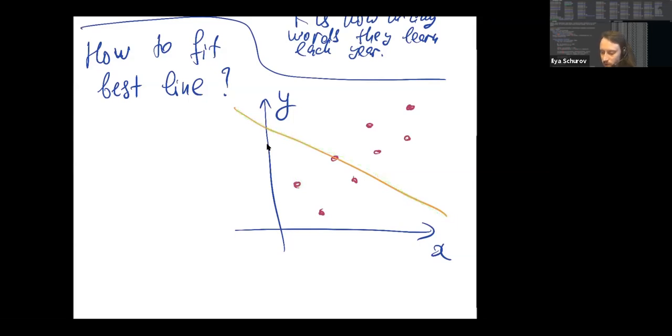To do it, we can find the difference between y coordinates of these points and the corresponding points on this line. Let me assume that this line is given by some equation y equals kx plus b. And then we have differences like this difference and this difference. So I just put straight vertical segments, and these segments are called residuals.